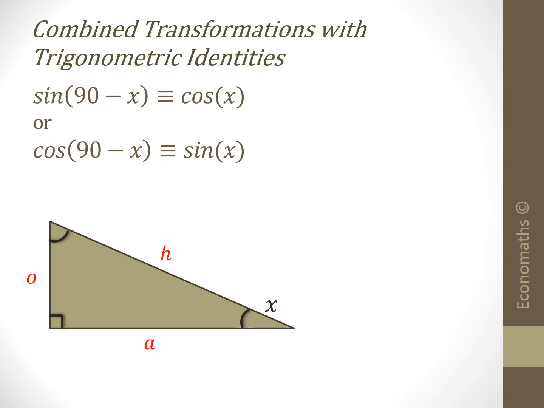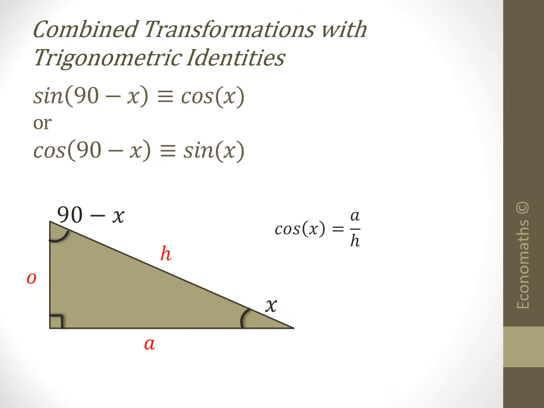Okay, so if we set up the basic right angle triangle, this identity seems to make a lot of sense because I've set up this right angle triangle with the angle little x, and the other angle other than the right angle must then be 90 degrees minus the angle x, because all three angles sum to 180.